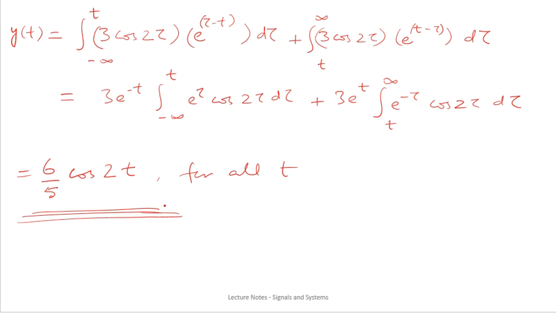You have seen that in calculating the convolution we have utilized the property of linearity and time invariance of the system. There are many more problems to be solved, which we will solve in the coming lectures.